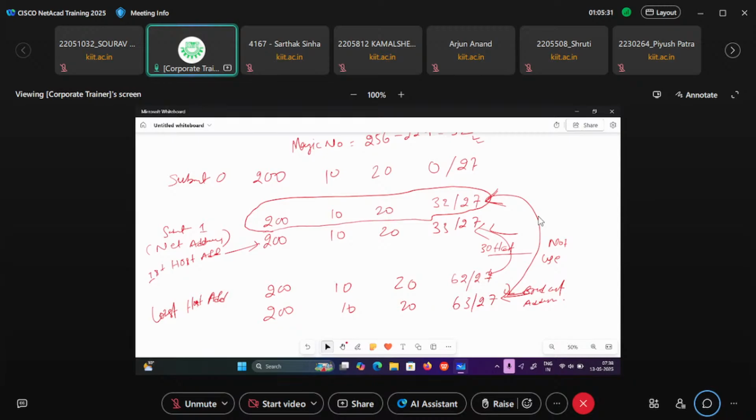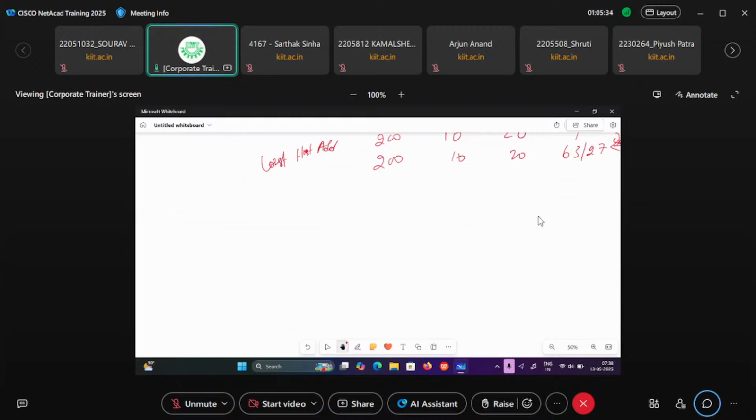But now for another scenario, just think of it. In the other case, we have a requirement of 20 hosts. Now just go ahead with that for the 20 hosts. Same thing. Now we go ahead with the second case.